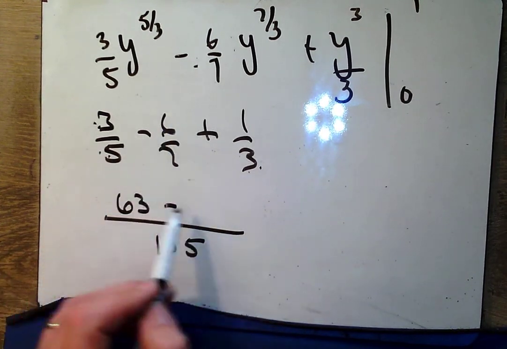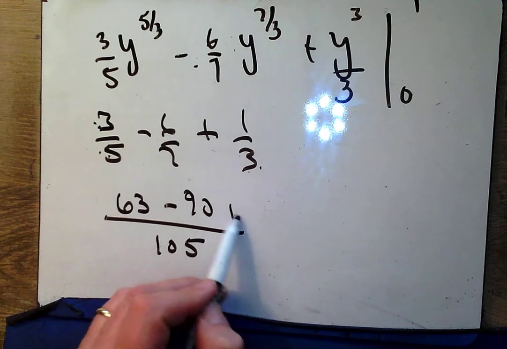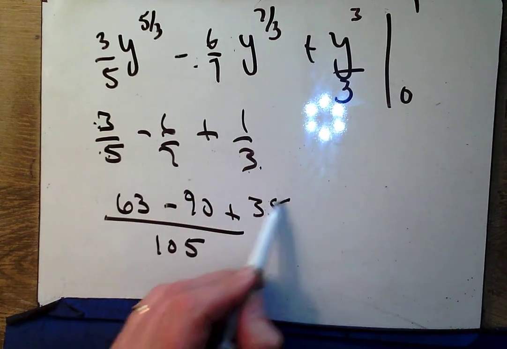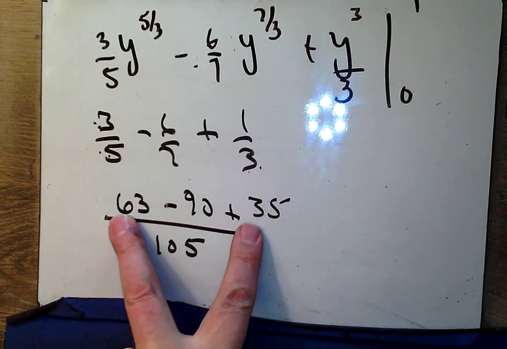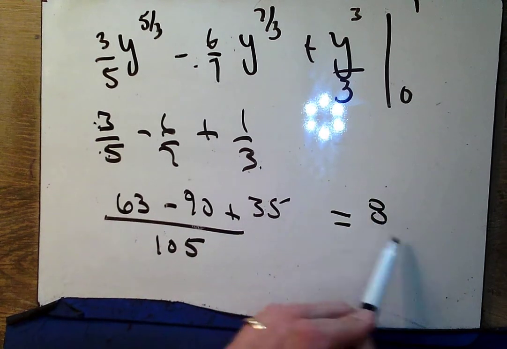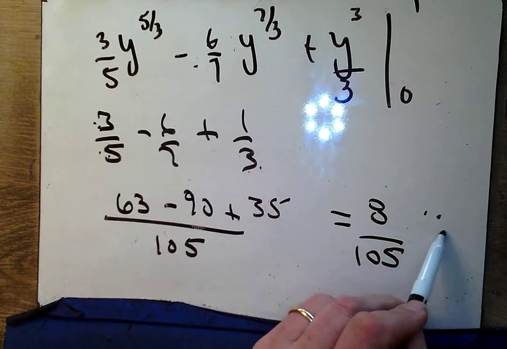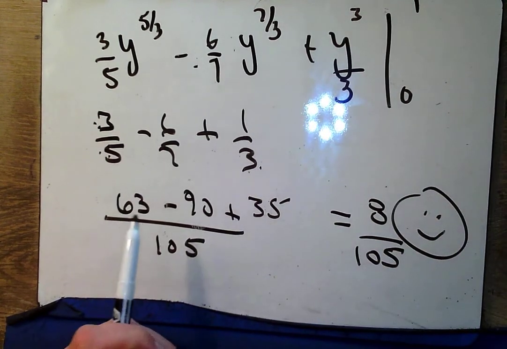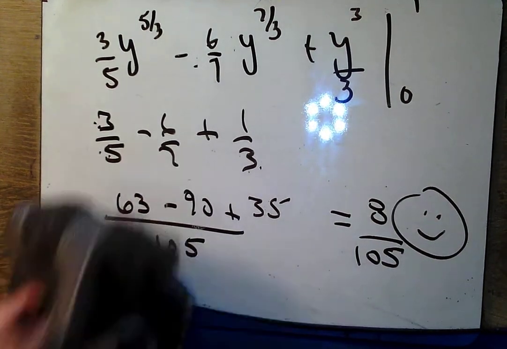I need 15 times 6, which is 90, and 35 times 1. So that's 98 minus 90 is 8 over 105. And that's a different answer. See, it really does matter. Okay, so that was 13.